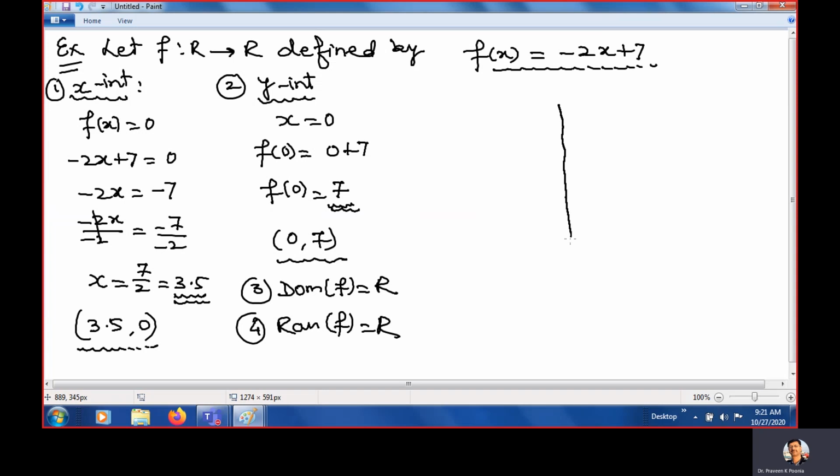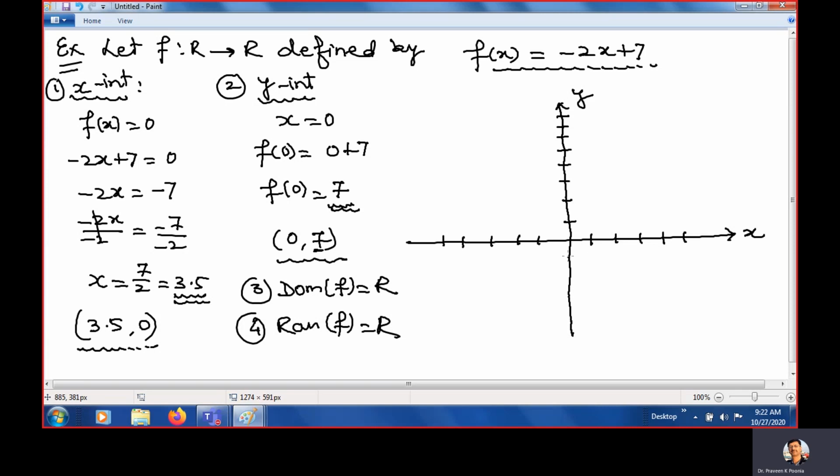And how to draw the graph of this? Right, this is y, this is x. Clear? Now 1, 2, 3, 4, 5, and minus 1, minus 2, minus 3, minus 4, minus 5. This is 1, 2, 3, 4, 5, 6, 7, 8, because we need 7 here.